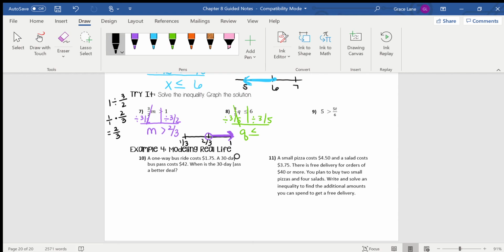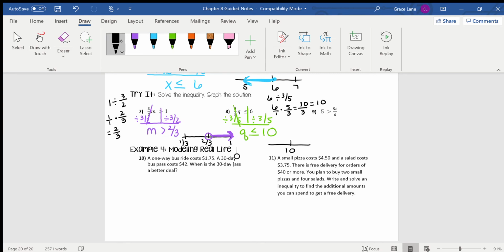I'm running out of room quickly, but 6 divided by 3/5 would be 6 over 1 times 5 over 3. 6 times 5 is 30. 1 times 3 is 3. 30 over 3 is just 10. So q is less than or equal to 10.